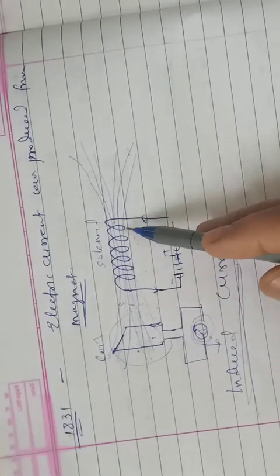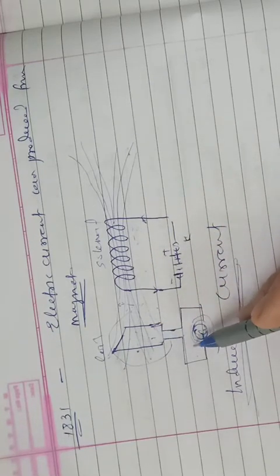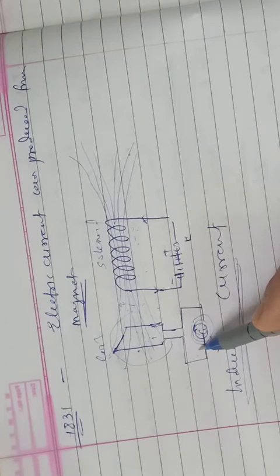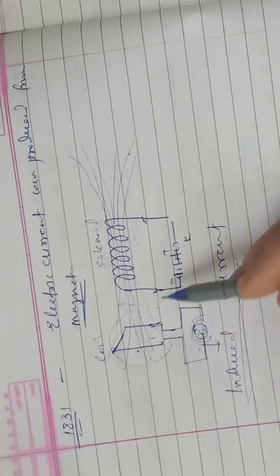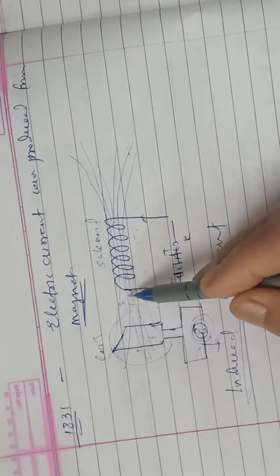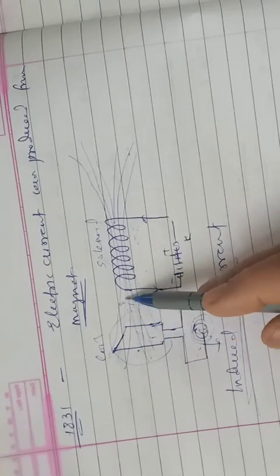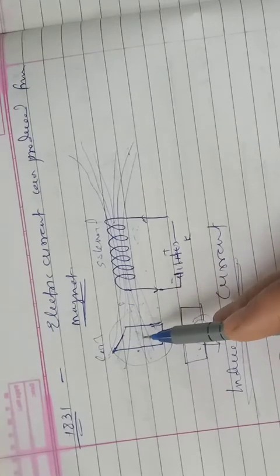If the current through this solenoid decreases, the current produced on the coil also decreases. This experiment showed that when the number of magnetic lines of force passing through the coil changes, the current is induced on the coil.